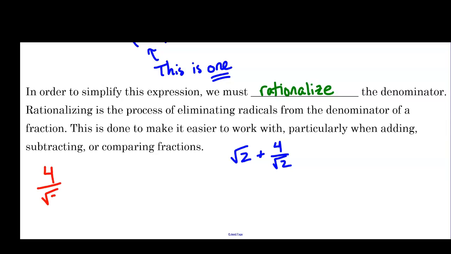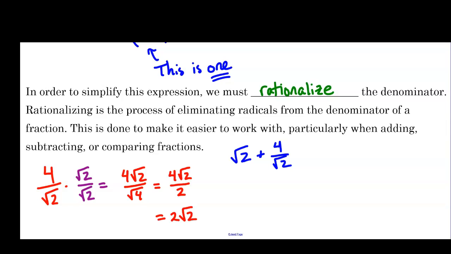So 4 over square root of 2, we can multiply square root of 2 over square root of 2. So that would give us 4 square root of 2 over square root of 4, which is 4 square root of 2 over 2, which is 2 square root of 2.